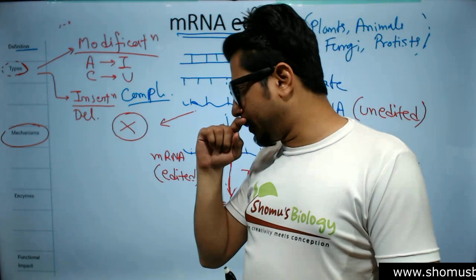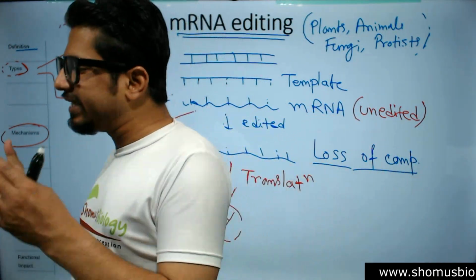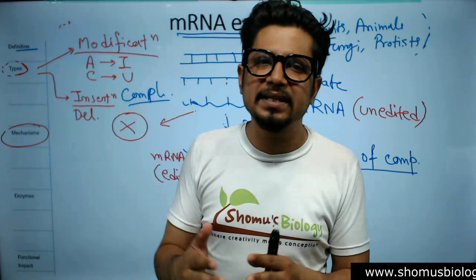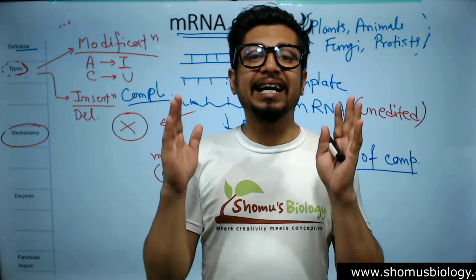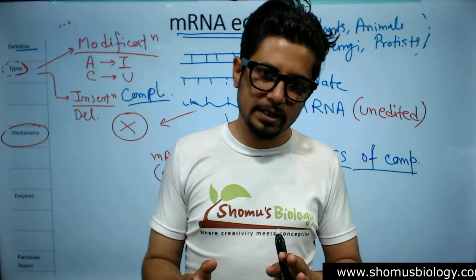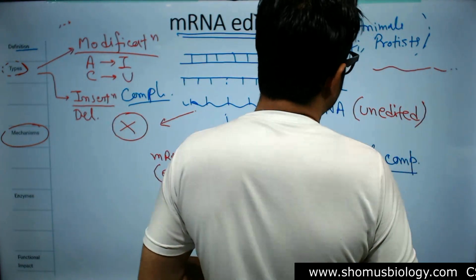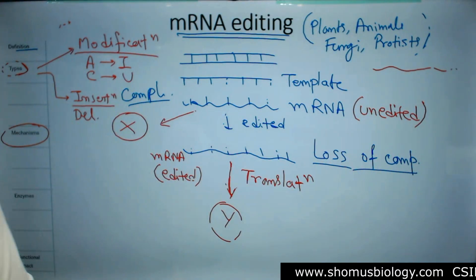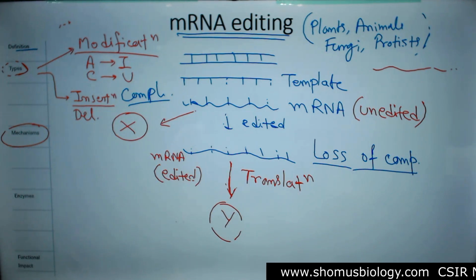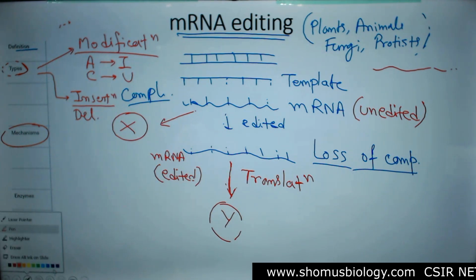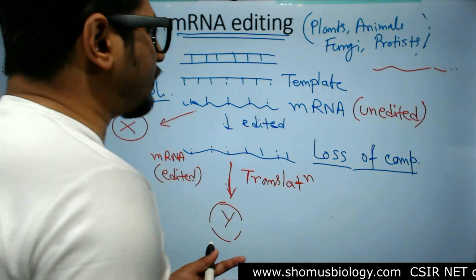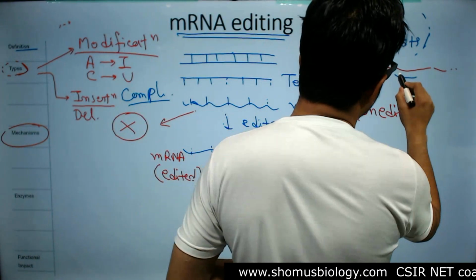Also remember one more thing: RNA editing can also be done in a guide RNA specific manner. Let's say this is the RNA which needs to be edited. What we have in our hand is a guide RNA, a small stretch of RNA which is already produced in the cell. This small stretch of RNA, known as guide RNA, binds to it.